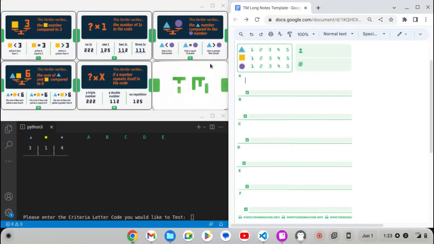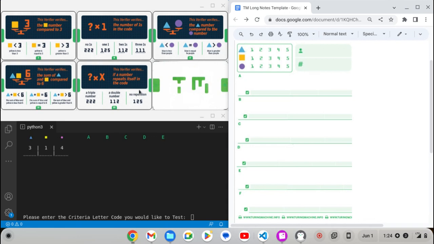Criteria card D will look at the first 2 digits and take the sum and compare that to the number 6. Should the sum be less than 6? Should it be equal to 6? Or should the sum be greater than 6? And finally, criteria card E, again, will look at the 3-digit code and tell us a little bit about how it's constructed.